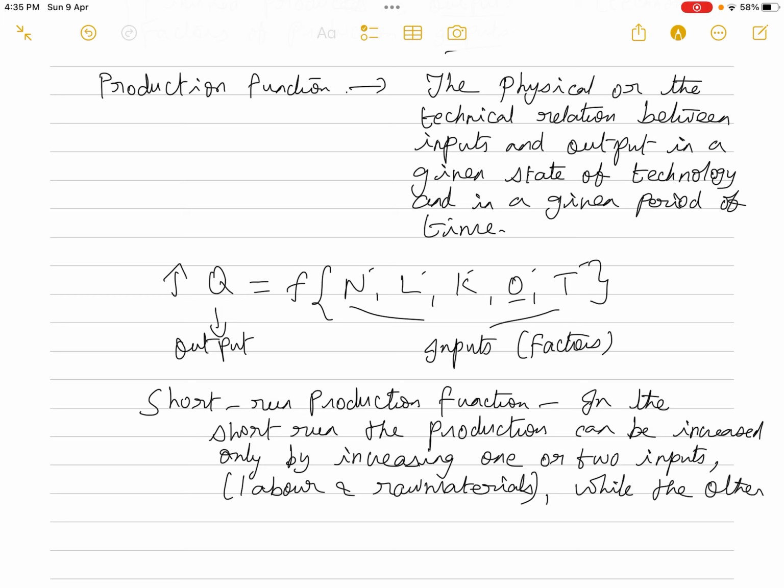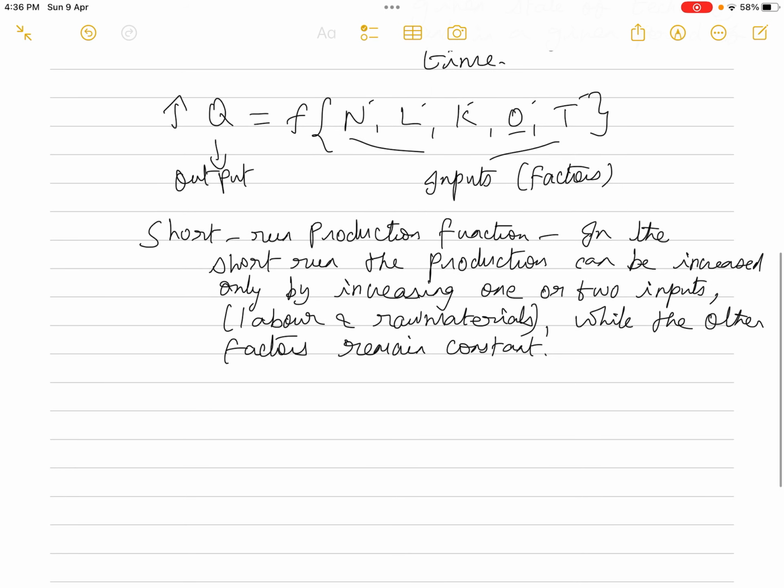So by increasing only one or two inputs, while the other factors remain constant, he cannot change all those other factors.